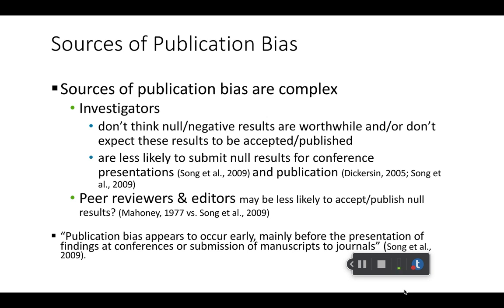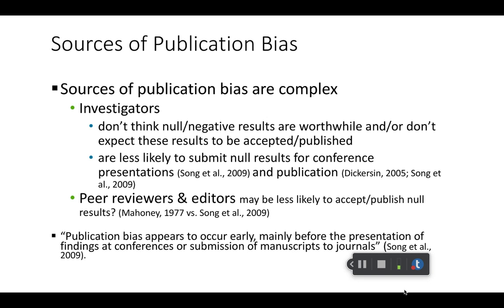Investigators, that is the researchers themselves, don't think that null, that means non-significant, or negative results are worthwhile, or they don't expect these results to be accepted for publication. So they're less likely to submit null or negative results for conference presentations and publication in journals.